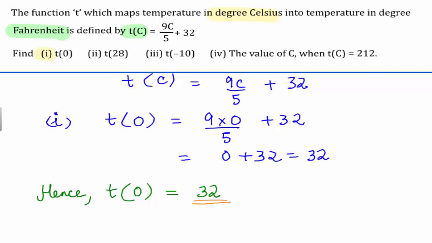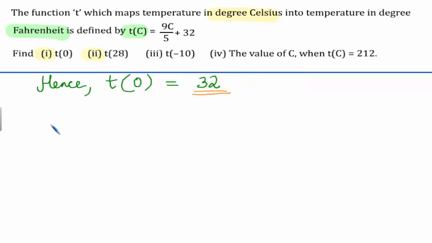Next we have to find the value of T of 28. We obtain T of 28 by substituting C is equal to 28 in 9C by 5 plus 32.